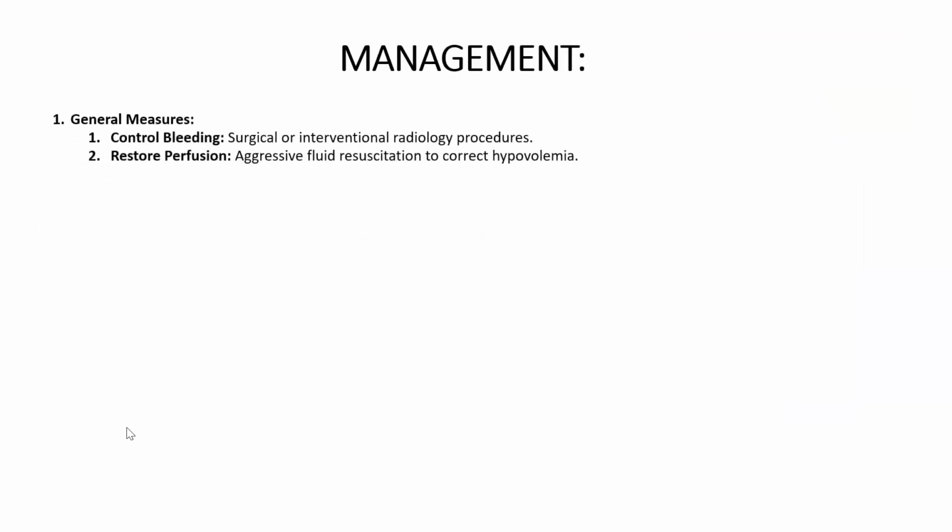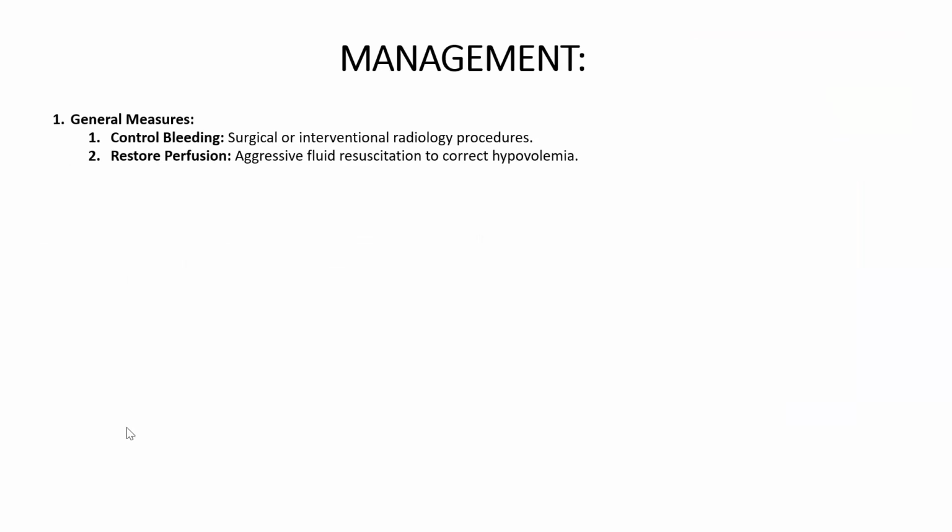So, in general, for any case of trauma, coagulopathy, and bleeding, the general measures should be followed. Prevent hypothermia in such patients. Prevent excessive use of crystalloids. Restore perfusion and control bleeding at the earliest. That is the most important thing.